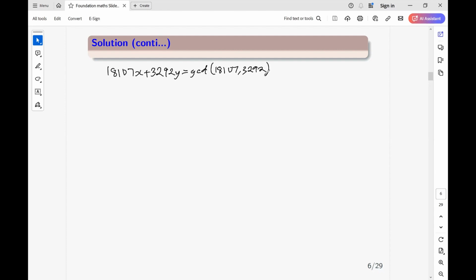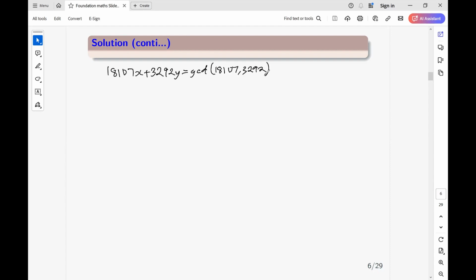So at this point, we're going to use the extended Euclidean algorithm so that you can find the values x and y. When we multiply x and y with each subsequent number, we're going to find the GCD between the two numbers. So we use the extended Euclidean algorithm.